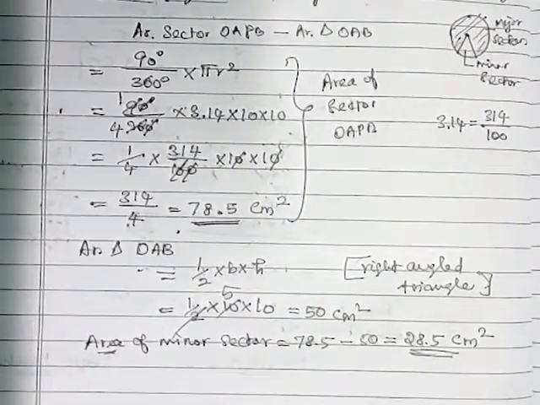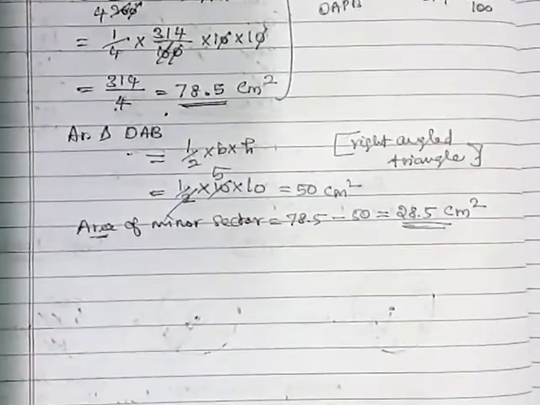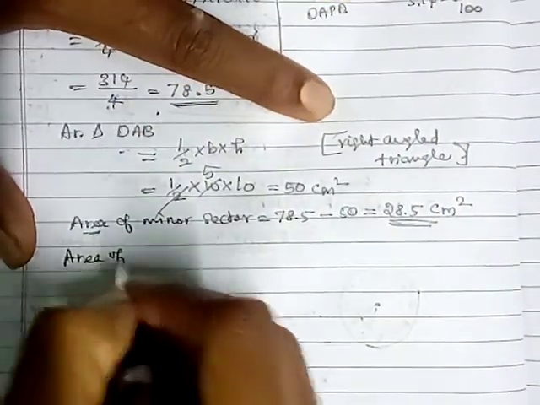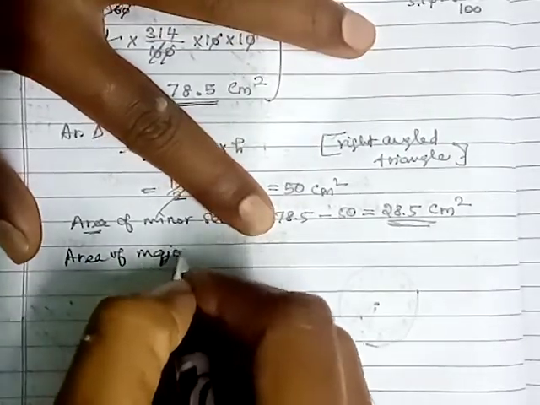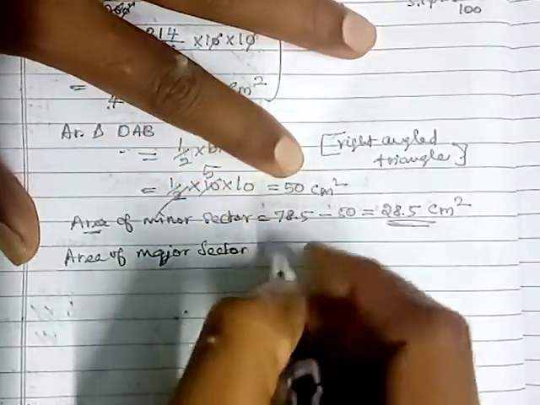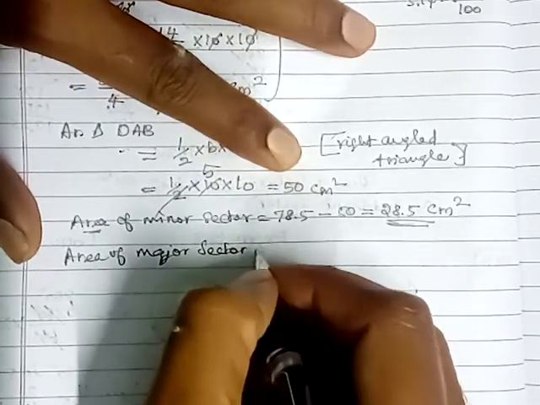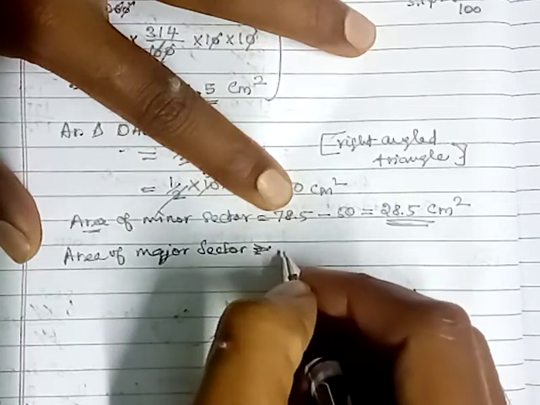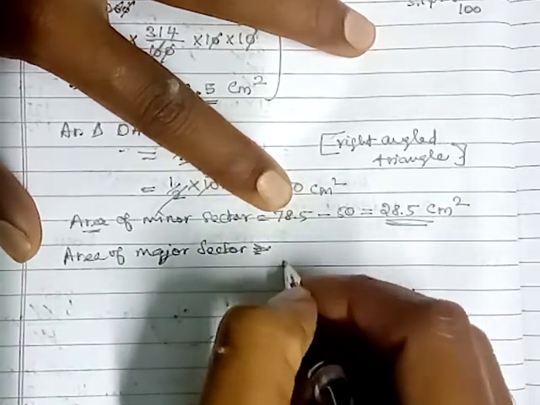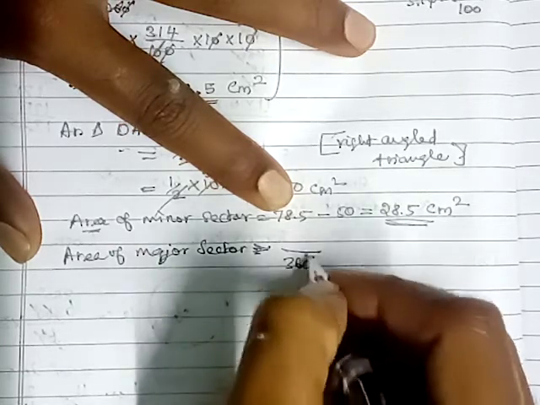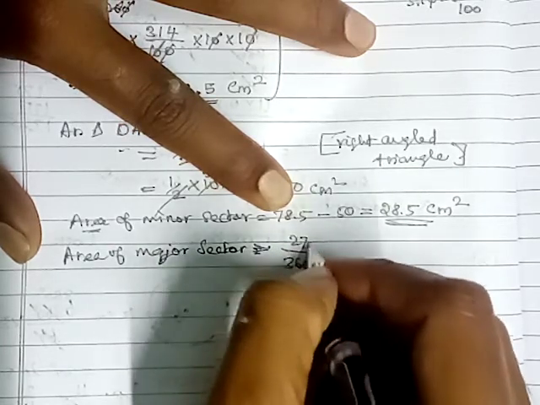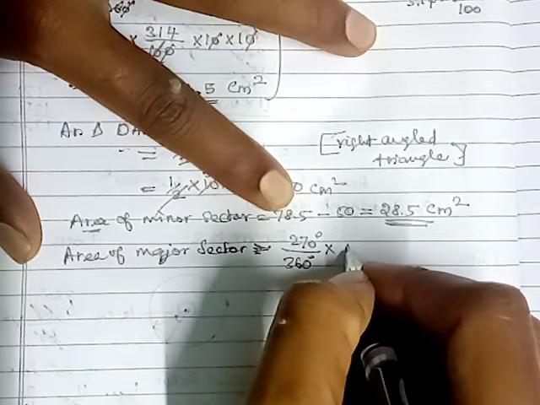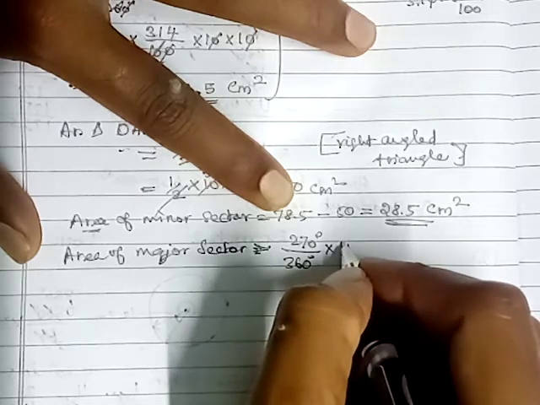So what's the formula for the sector? The same formula. So area of major sector, okay, is equal to the same formula, 360 degree. Here theta is 270 degree, right? Into the total area of the circle, that is pi r squared.